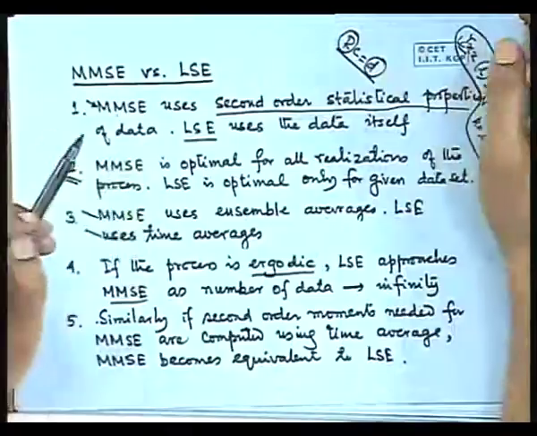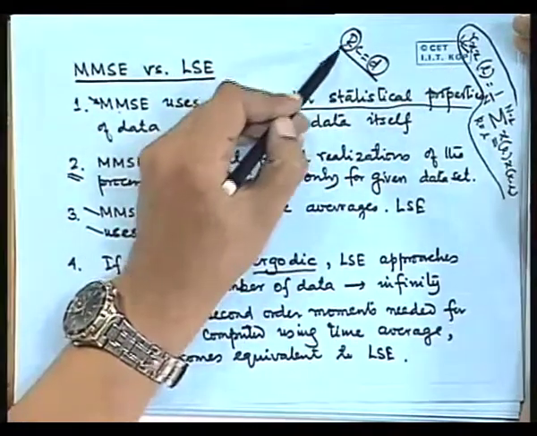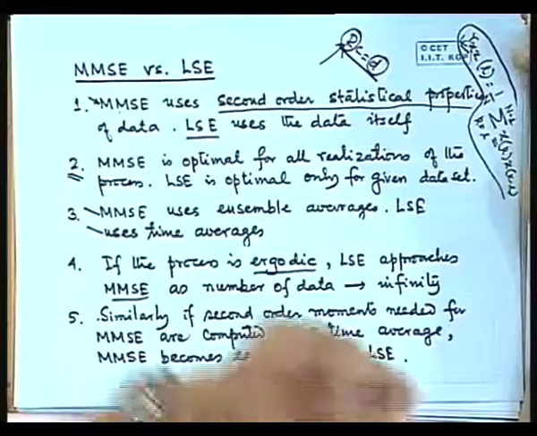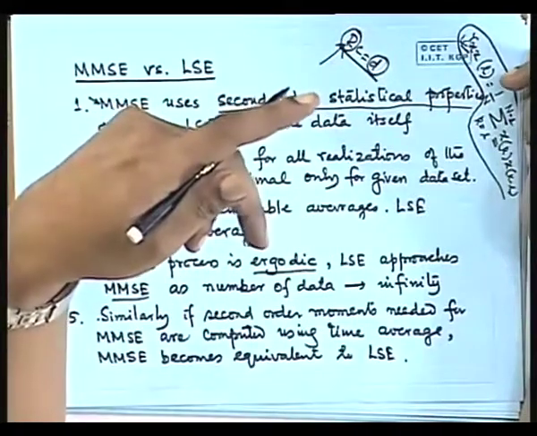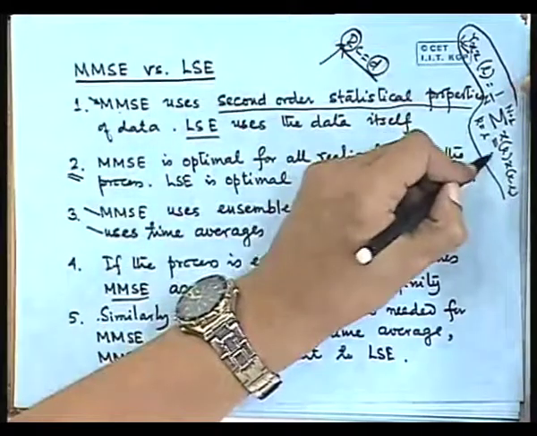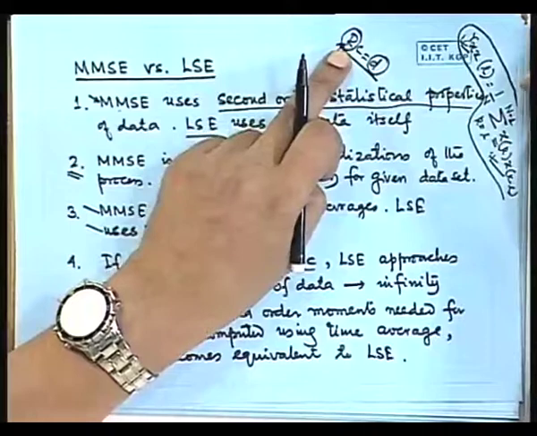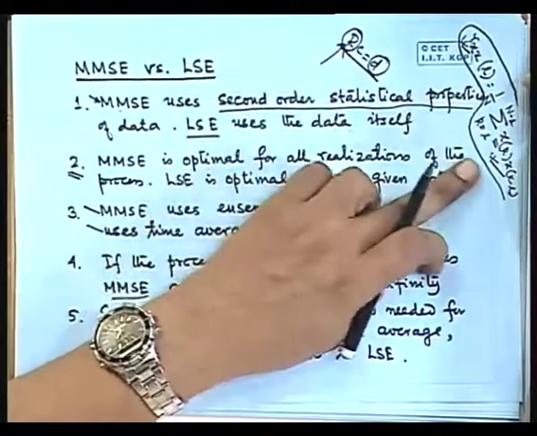Suppose you are given one set of data. Now if you say that I want to use the MMSE, how will you get Rxx(l)? How will you get this matrix? You say that, okay, I will approximately compute Rxx using this formula. Then, though you are saying that you are using second order properties, actually you are computing using time average.